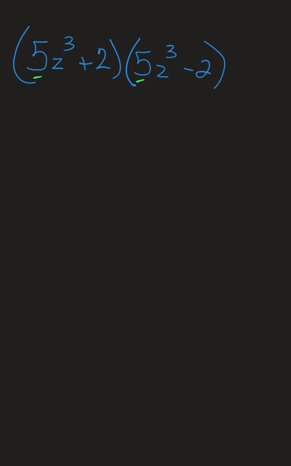in your multiplying a sum and a difference? It's very similar. So if I FOIL, my first terms are 5z to the third power times 5z to the third power. So now I have 25z, and I'm multiplying the terms, so I have it to the sixth power.